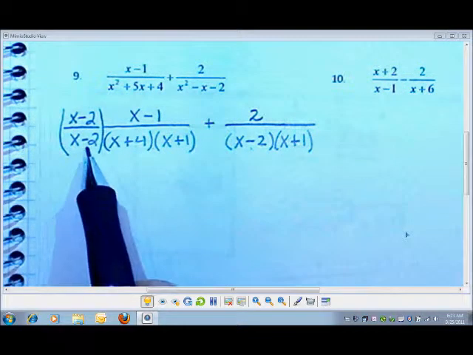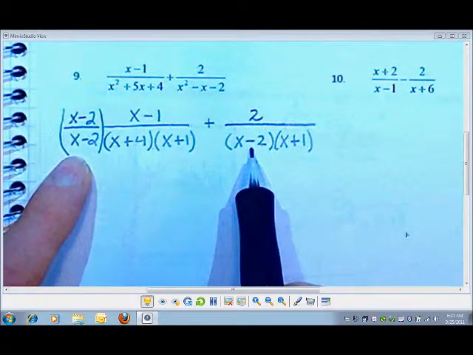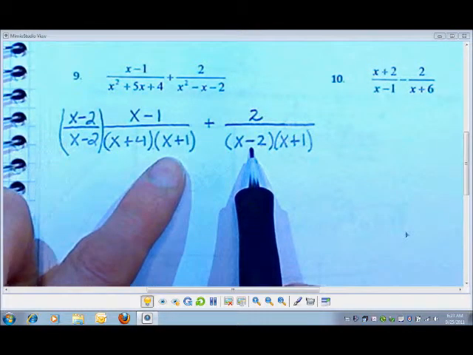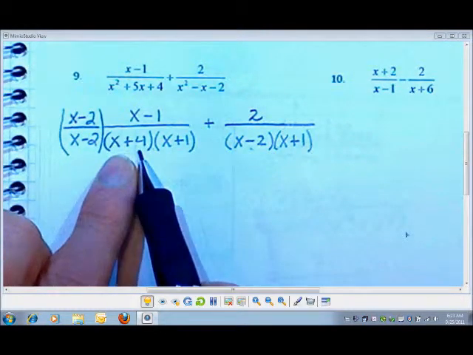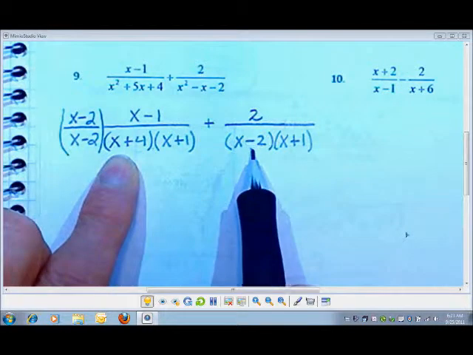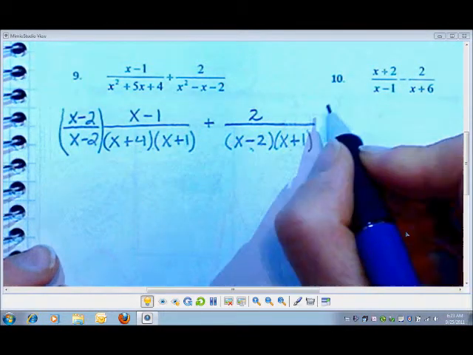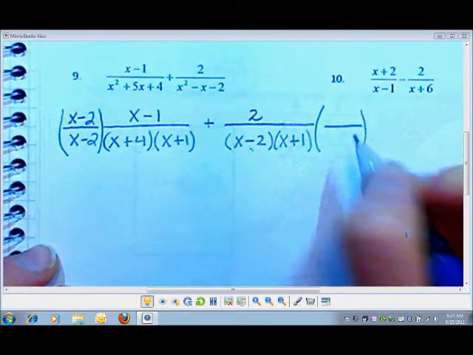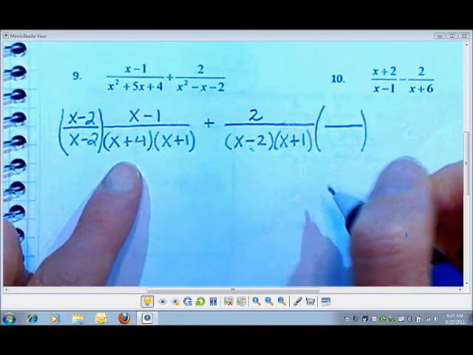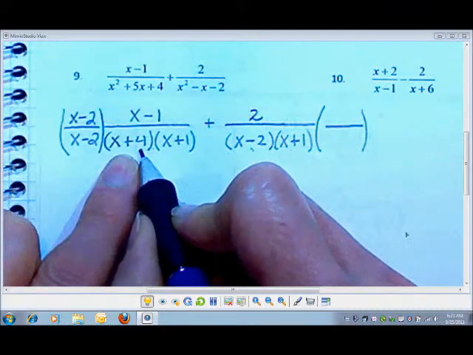So now let's look. I have x minus 2, and then I have an x plus 1, but this fraction has an x plus 4. This one doesn't have it, which means I have to multiply this fraction by the number 1, and this is what my number 1 is going to look like.